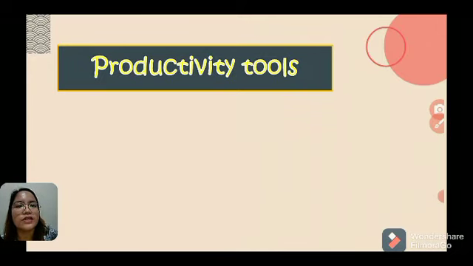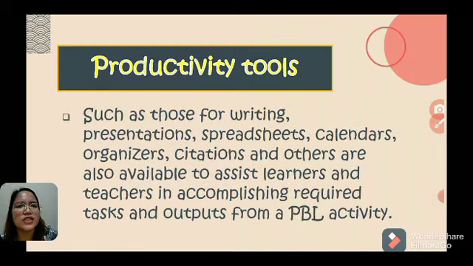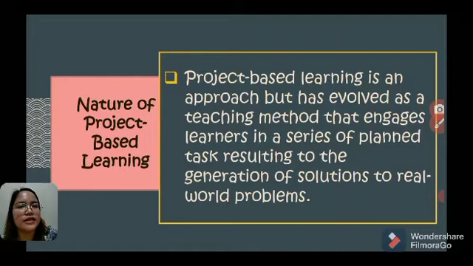Productivity tools, such as those for writing, presentations, spreadsheets, calendars, organizers, citations, and others, are also available to assist learners and teachers in accomplishing required tasks and outputs from project-based activities.